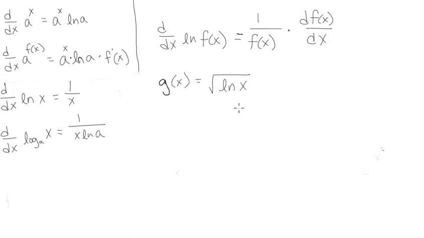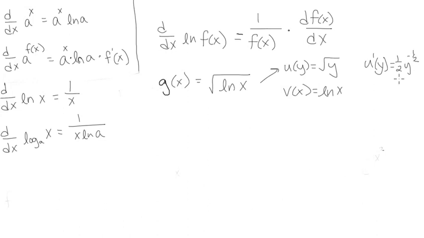So if you wrote this as a composite function, you might break it into u of y equals the square root of y, and v of x equals the natural log of x. The derivative of u of y is equal to 1/2 y to the negative 1/2, and the derivative of v with respect to x is equal to 1 over x.